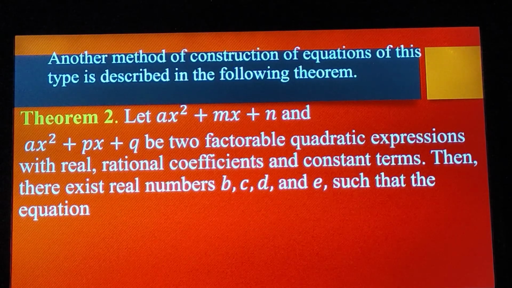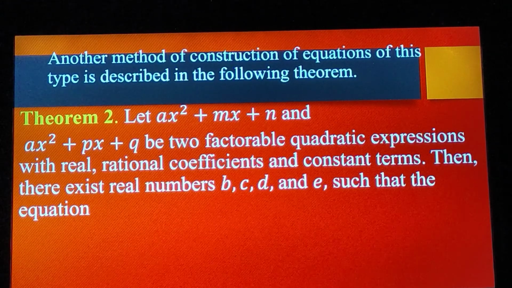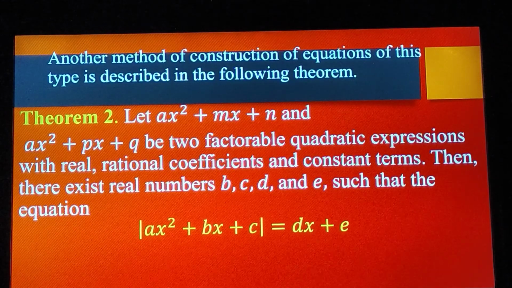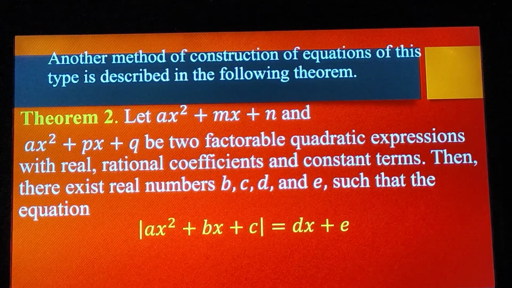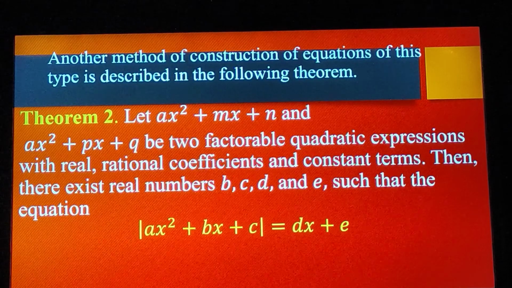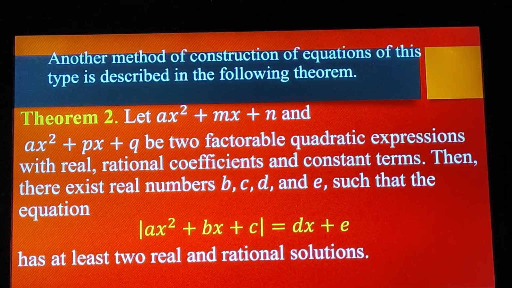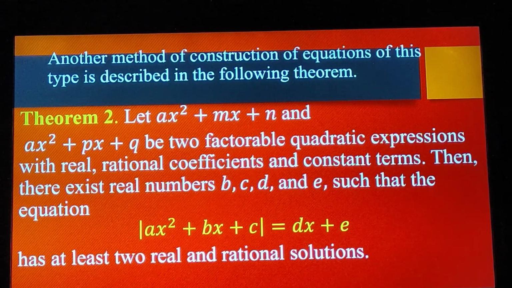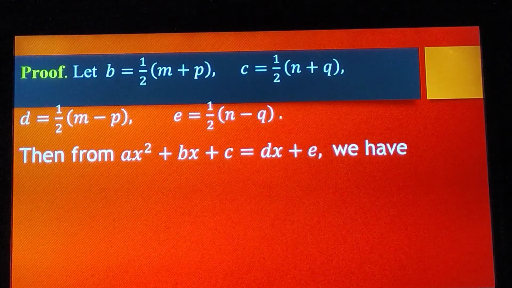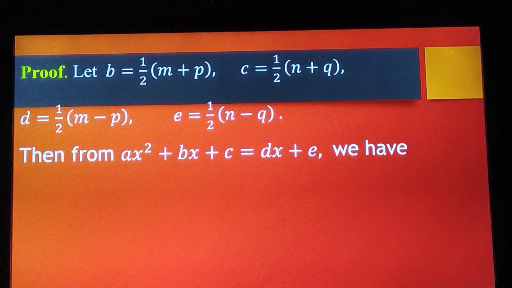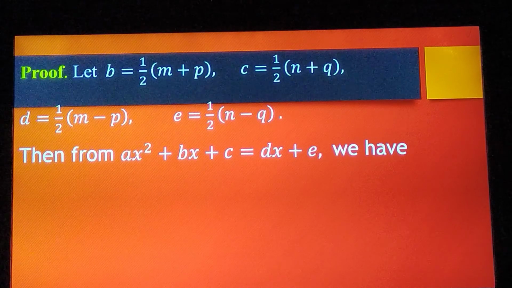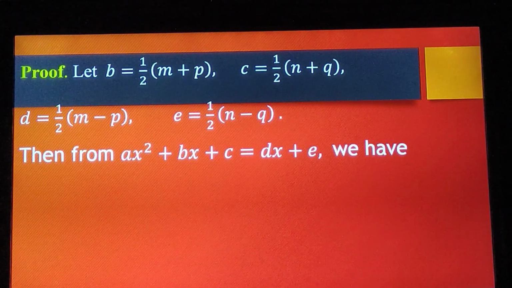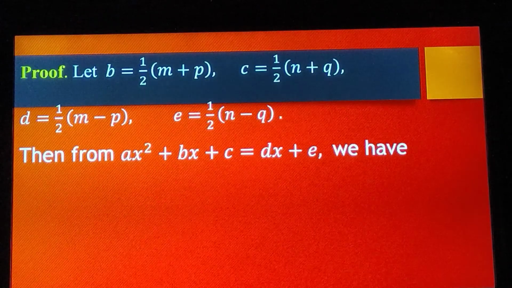Then there exist real numbers b, c, d, and e such that the equation absolute value of ax squared plus bx plus c equals dx plus e has at least two real and rational solutions. Proof: let b be 1/2 of m plus p, c 1/2 of n plus q, d 1/2 of m minus p, and e 1/2 of n minus q.